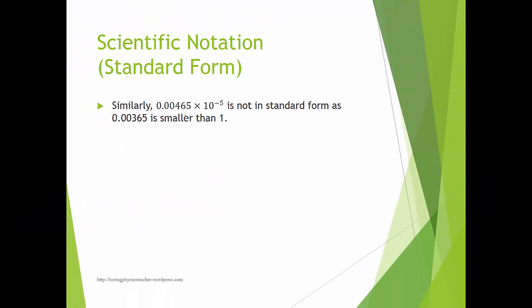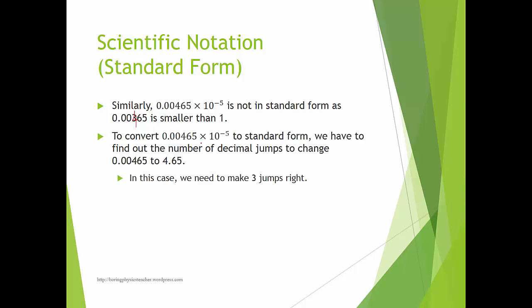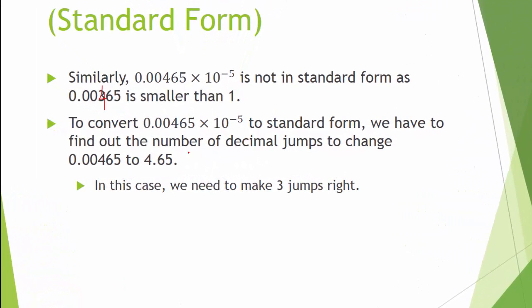Similarly, whenever you have a number that is smaller than 1, it is also not in standard form, even though it seems to fulfill the form. You find that this 0.465 is smaller than 1. So if you want to convert, you have to find out the number of decimal jumps to jump from this to this.